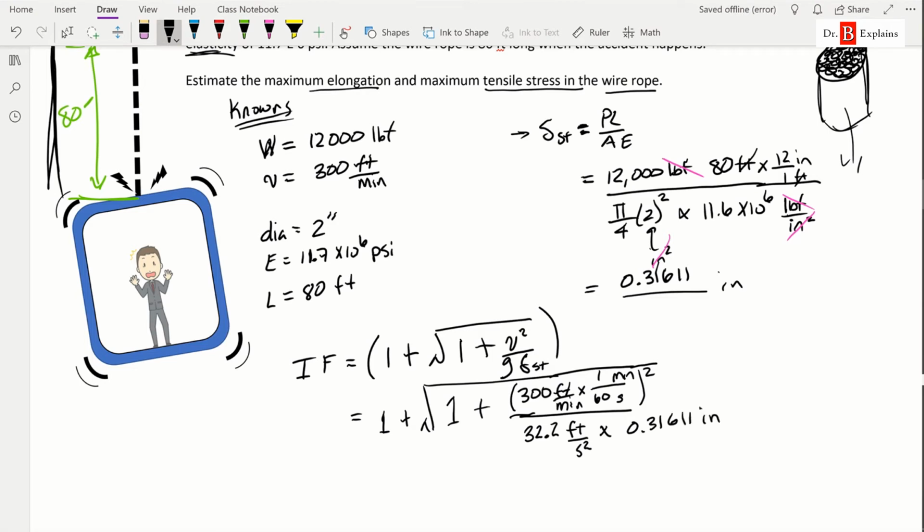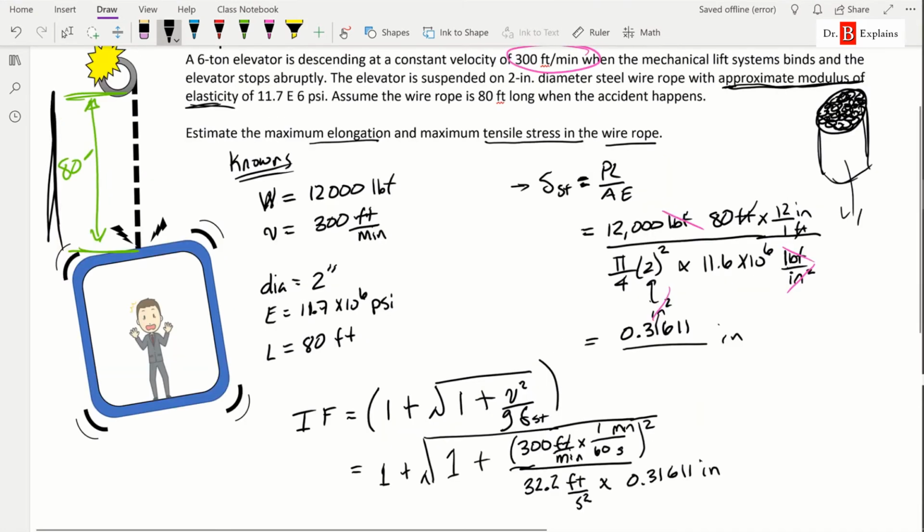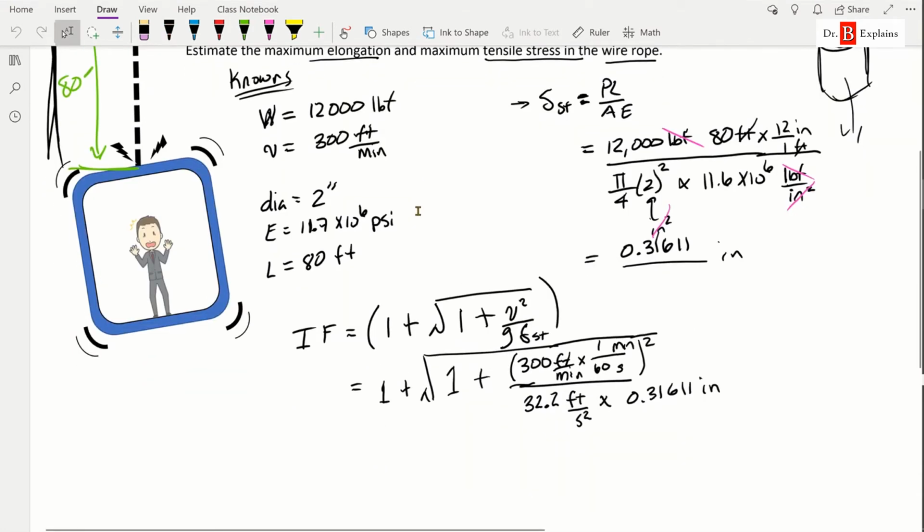0.31611 inches. But again, when we're looking at the units, I see, oopsie, hold on. I'm trying to use the highlighter and it's not letting me. There we go.